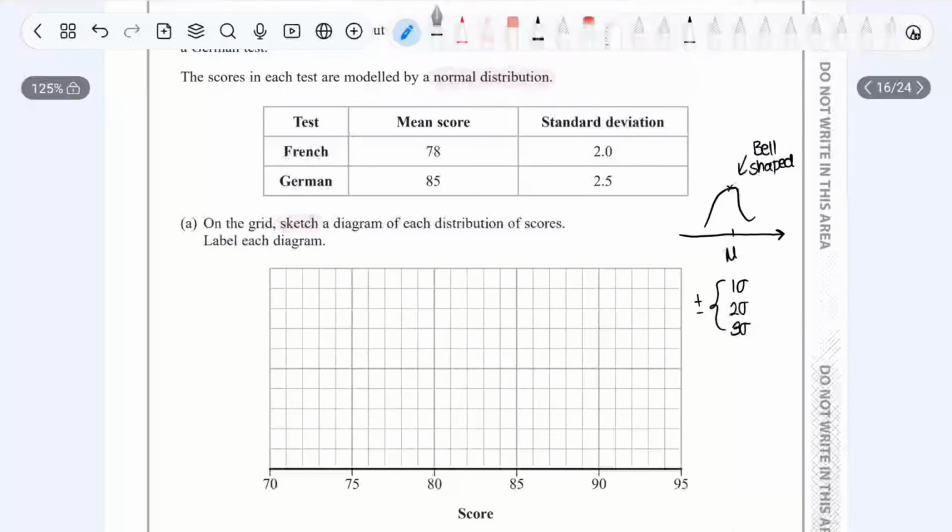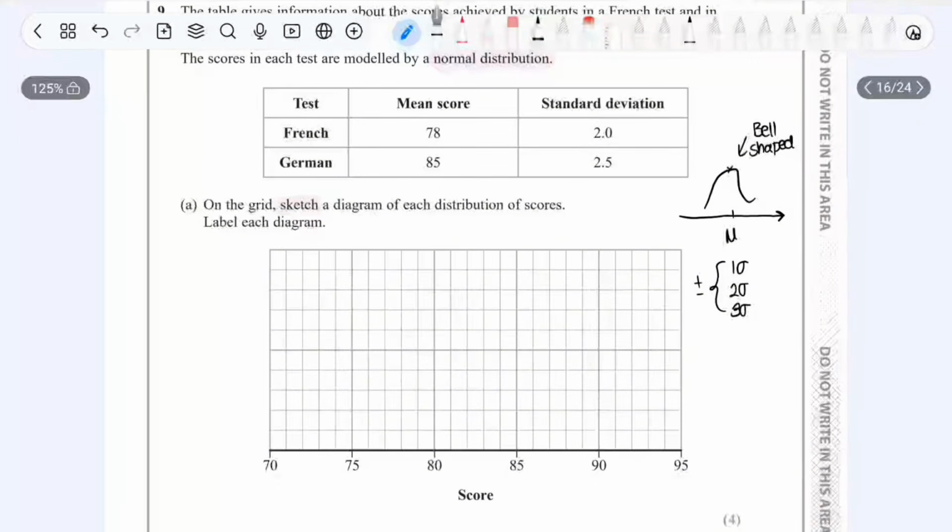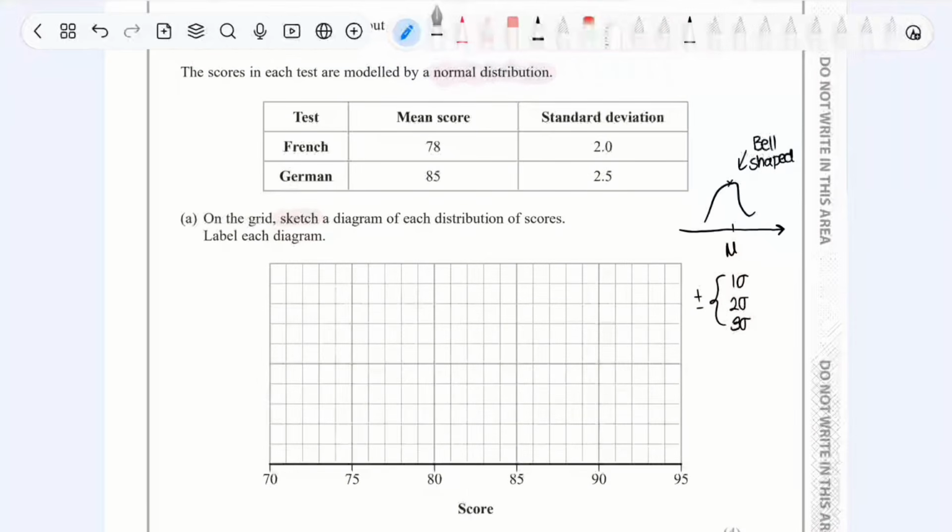We're given the standard deviation and the means, so we can start by looking at just the French. The French has a mean score of 78, and it's got a standard deviation of 2. Now, pretty much 99% of the data, or somewhere thereabouts, is within 3 standard deviations each side of the mean.